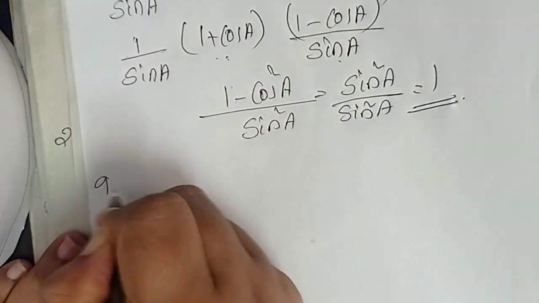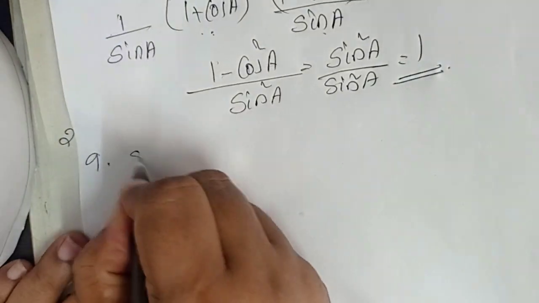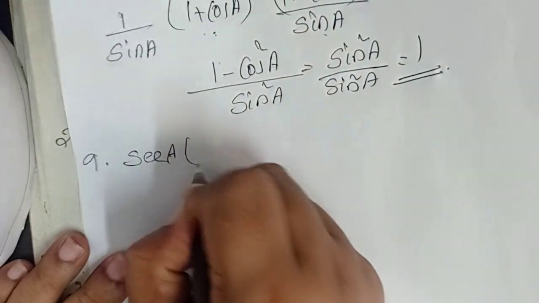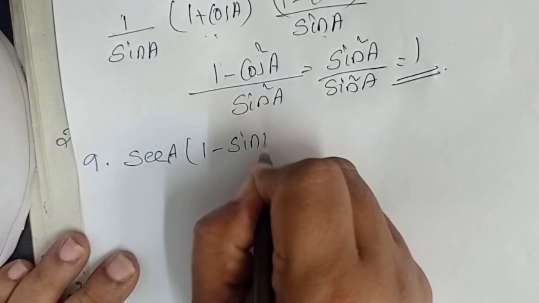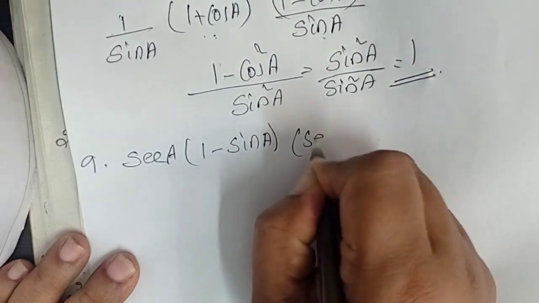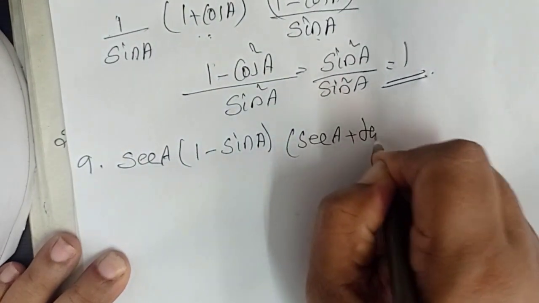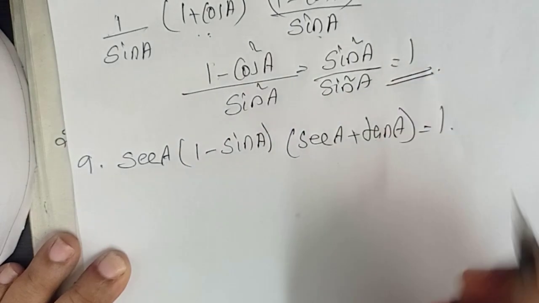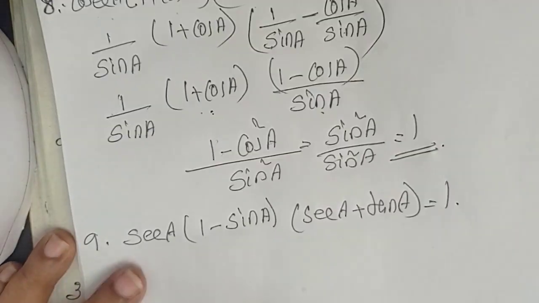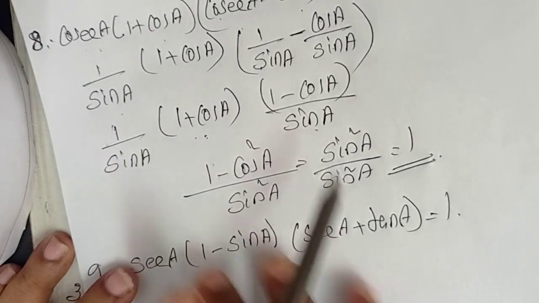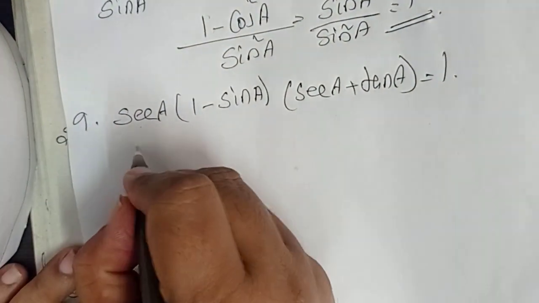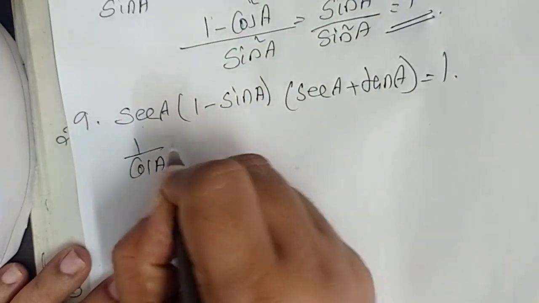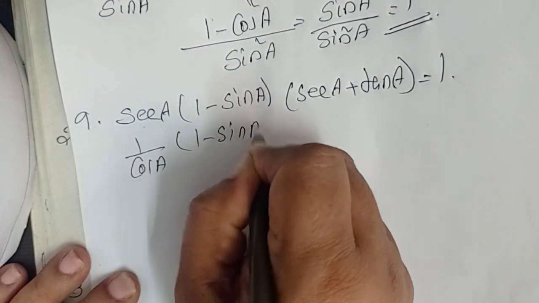Then, ninth problem. Same type, sec a into (1 minus sin a) into (sec a plus tan a) equal to 1. In the previous case, cosec we wrote 1 by sin A. Therefore, here sec is 1 by cos A into (1 minus sin A), no change.